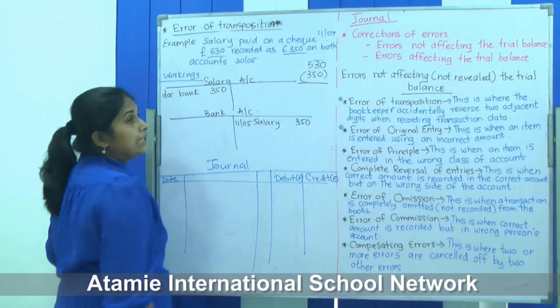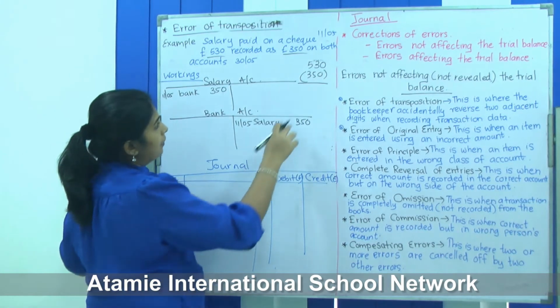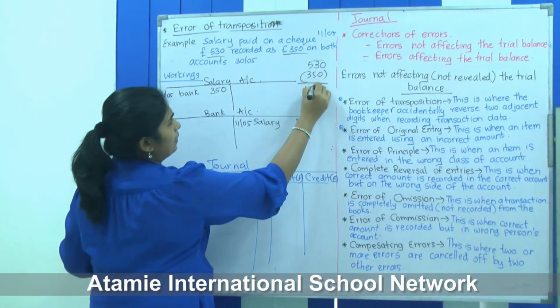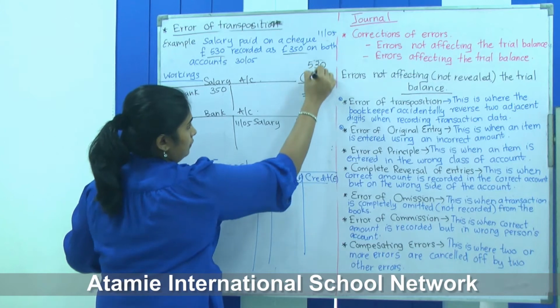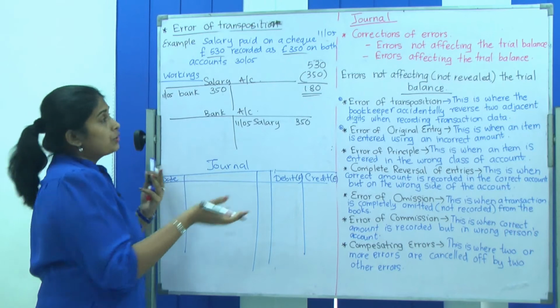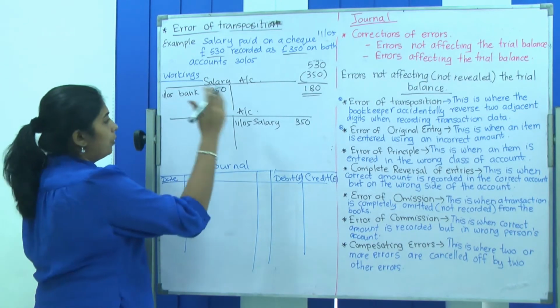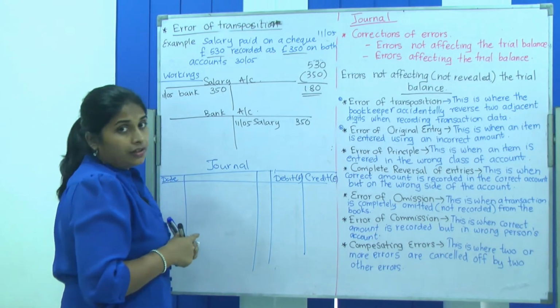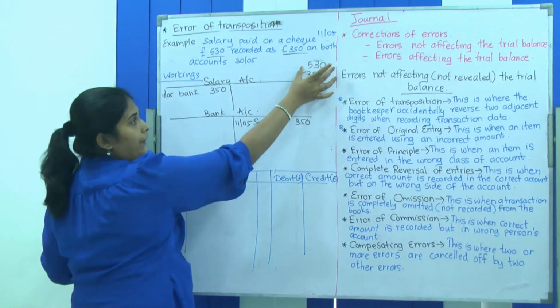So there is a decrease. He has decreased the amount by 180, which belongs to the salary and the bank account, and he has not recorded it. The actual amount is 530.